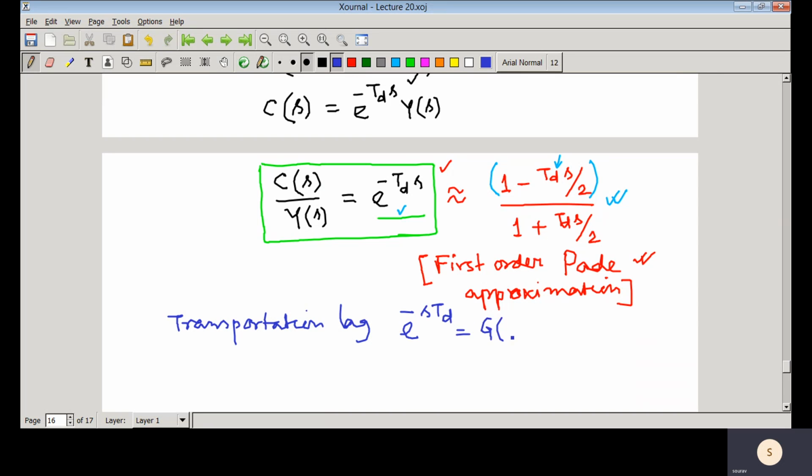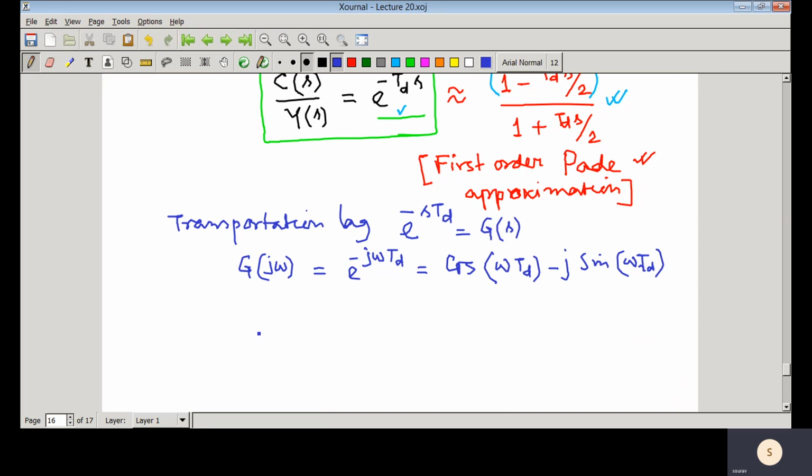Suppose that is your G(s). So now we know that G(j omega) would be equal to e to the power minus j omega Td. Then that would be cos of omega Td minus j sine omega Td. Td is the delay.